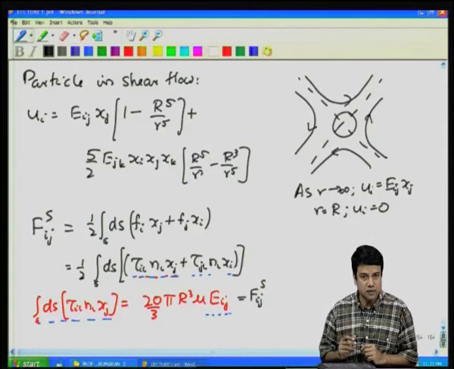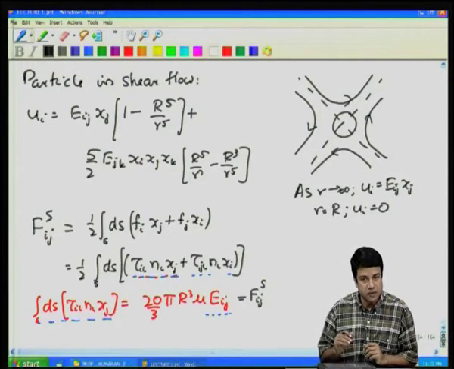So, the force is equal to 0, but the symmetric part of the force times the displacement, a second order tensor integrated over the surface, is not equal to 0. It is proportional to E_ij, and we used this to calculate the effective viscosity of a suspension.